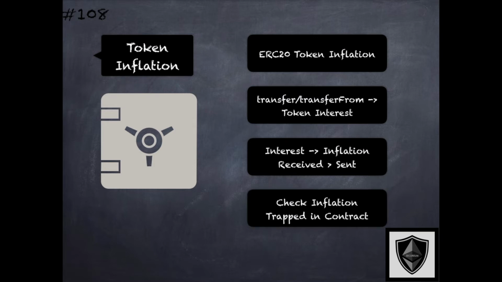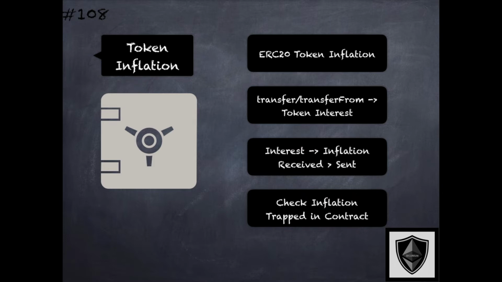So if the smart contract application is not aware of the ERC20 contract generating interest, then those interest tokens may end up getting trapped in the ERC20 contract without being realized. And the best practices are, again, very similar to deflation.